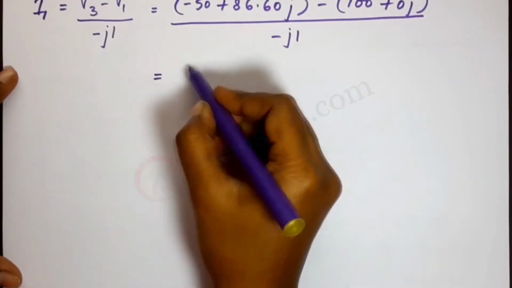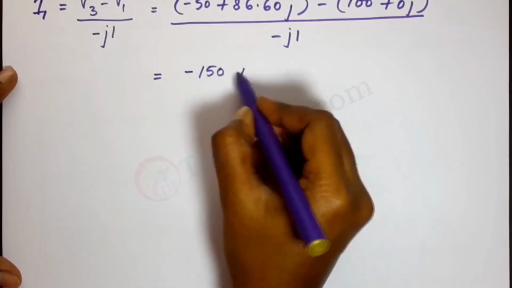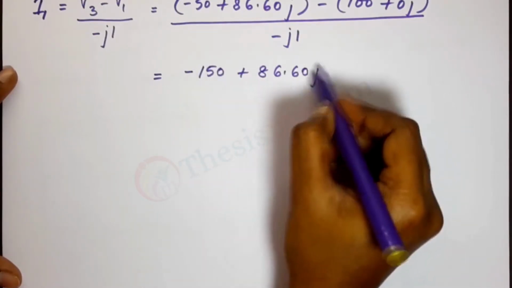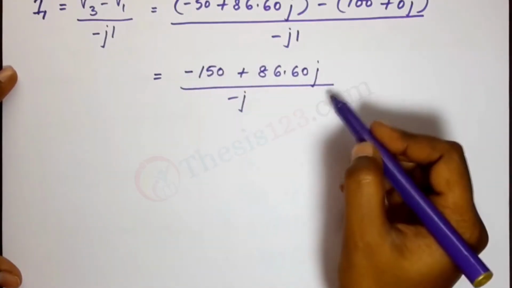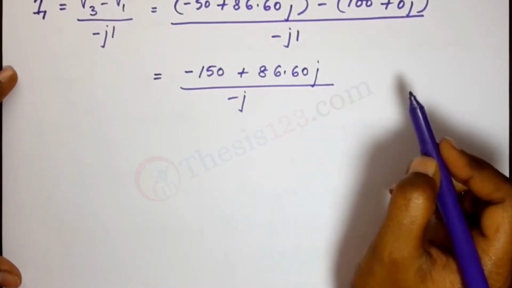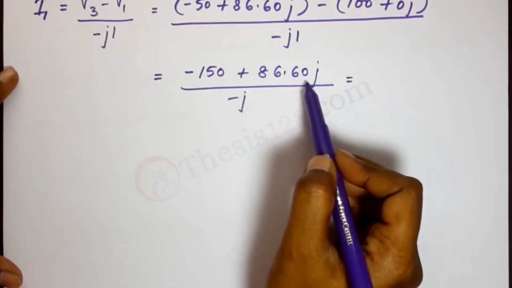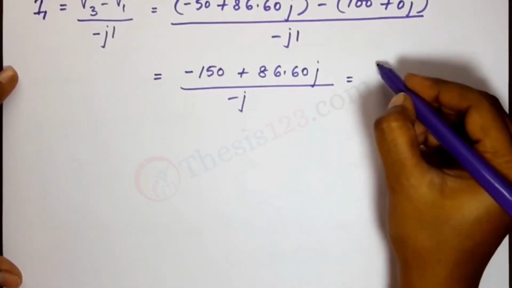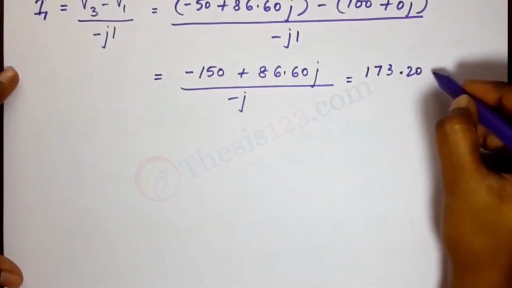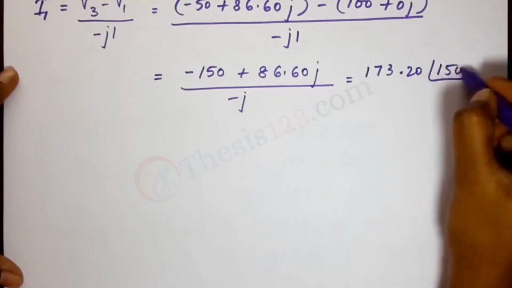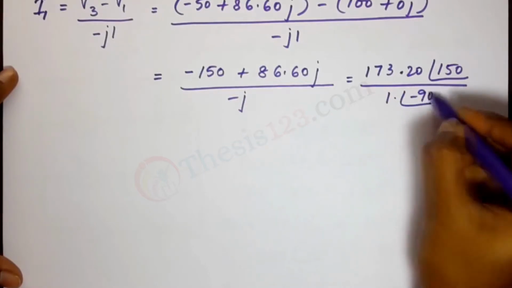So this now gives us minus 150 plus 86.60 J divided by minus J. Now in order to solve this part, we have to convert it into polar form again. The polar form of minus 150 plus 86.6 J is 173.20 angle 150, and dividing by minus J is 1 angle minus 90.